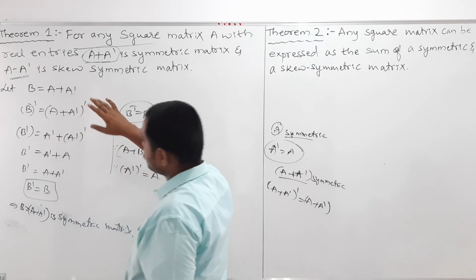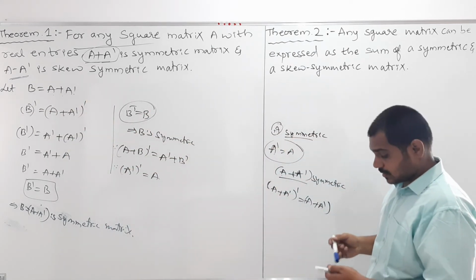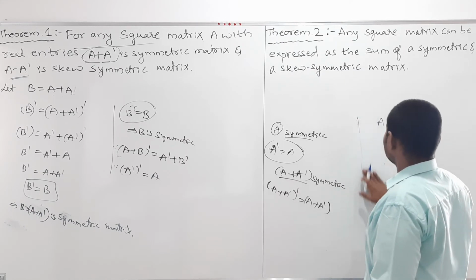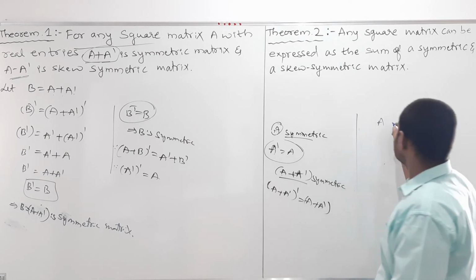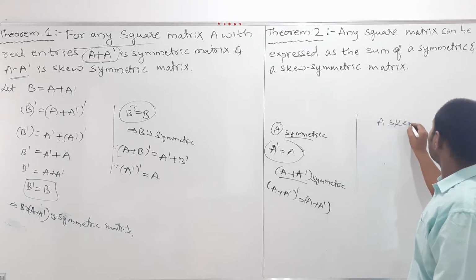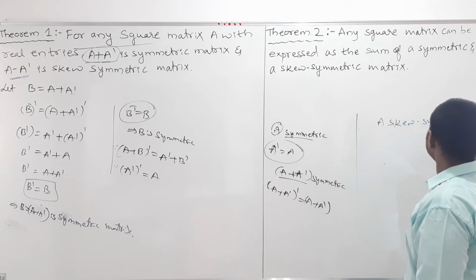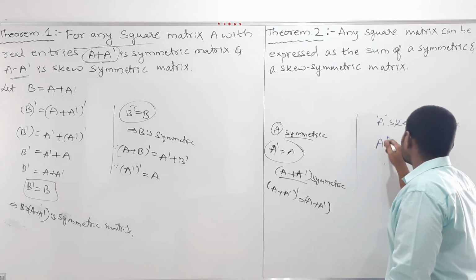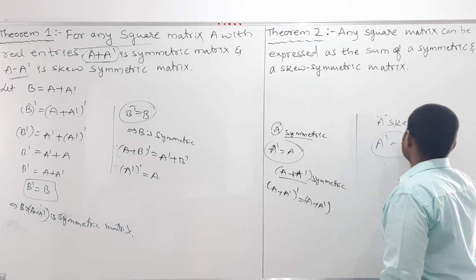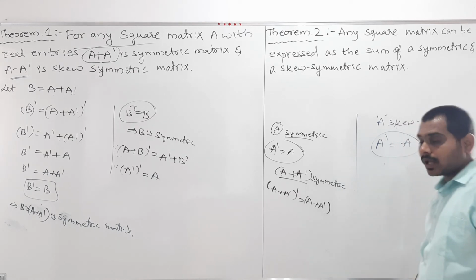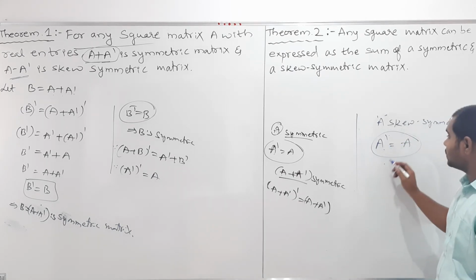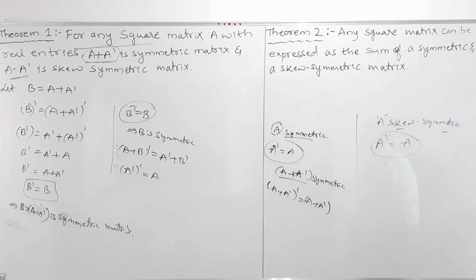Again, first we should know how to prove a skew symmetric matrix. So my dear students, if I have any matrix A, a matrix A is said to be skew symmetric if A transpose is equal to minus A. If this condition is satisfied, then we can say that A is a skew symmetric matrix.